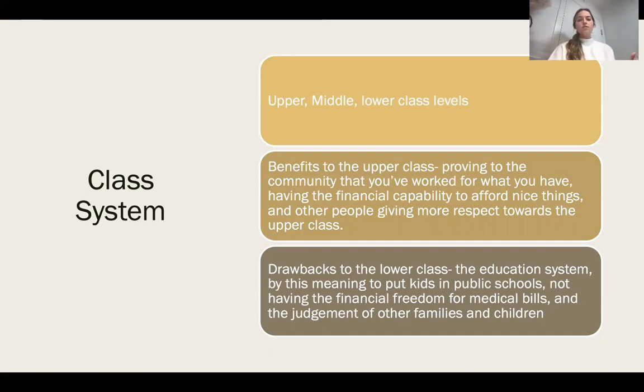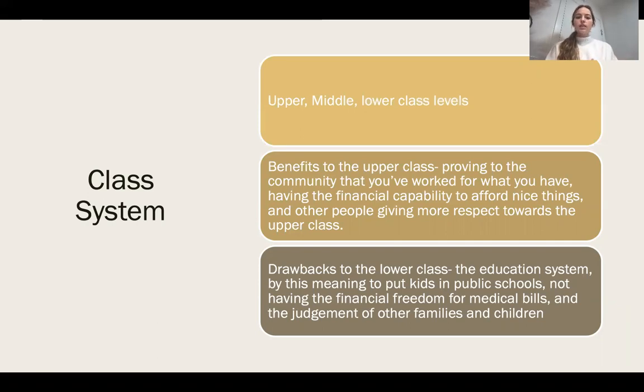And by giving respect towards the upper class. Some of the drawbacks, and most of the drawbacks, would relate to the lower class. The education system is something huge that is really affected by the class system because of public schools and private schools.